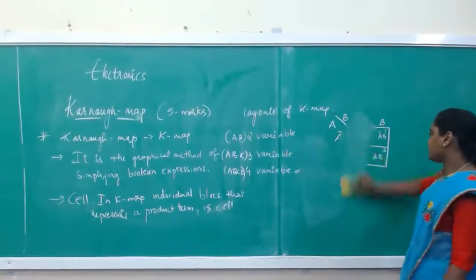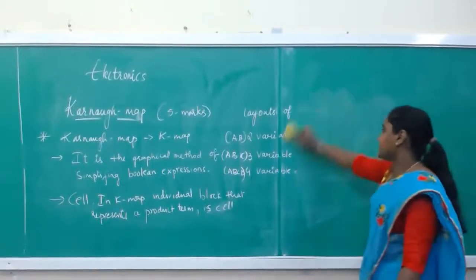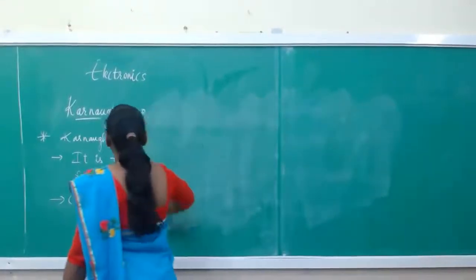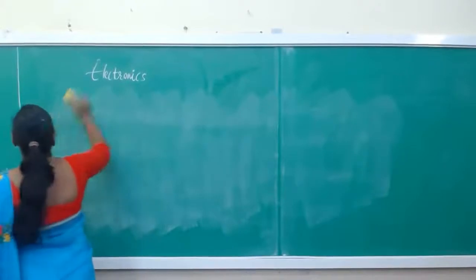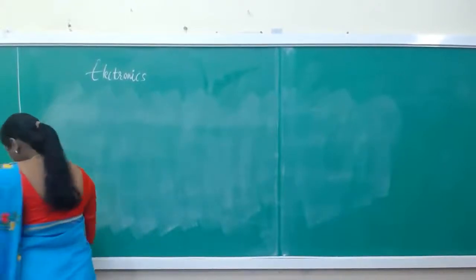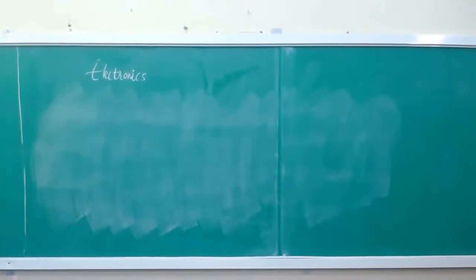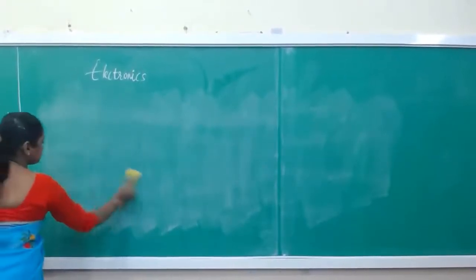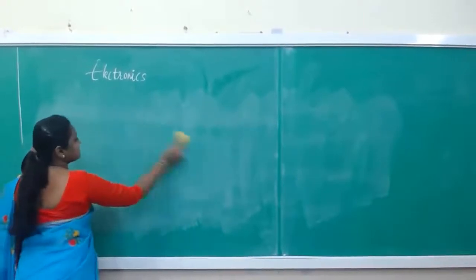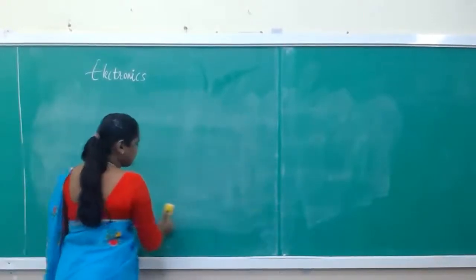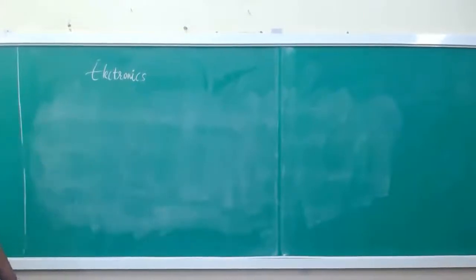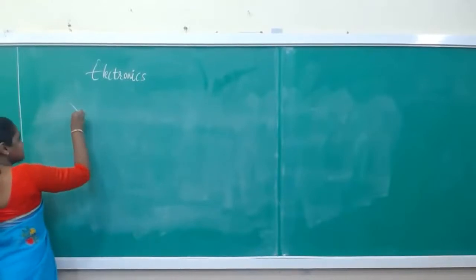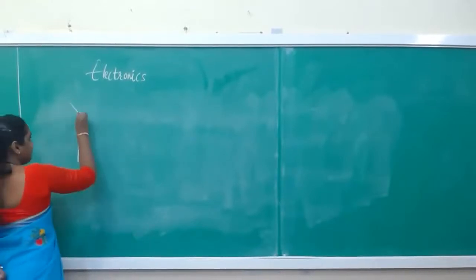Now let's move to the 3-variable K-map. Layout of 3-variable K-map.